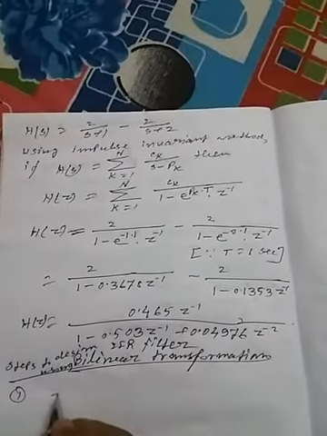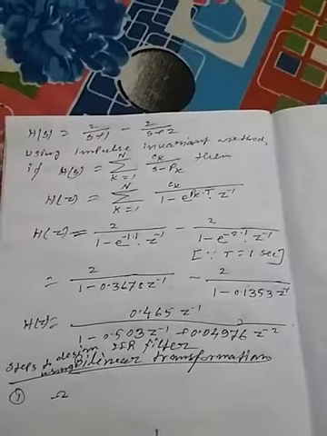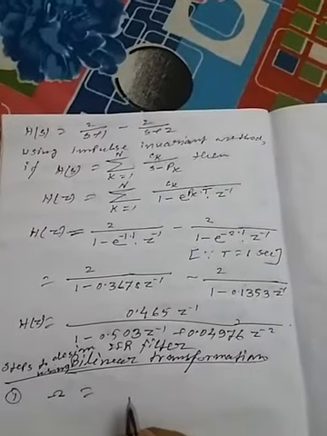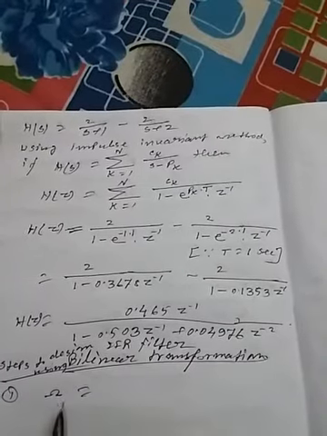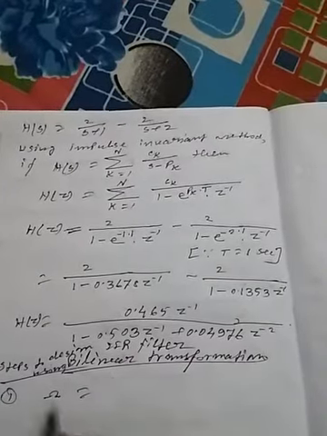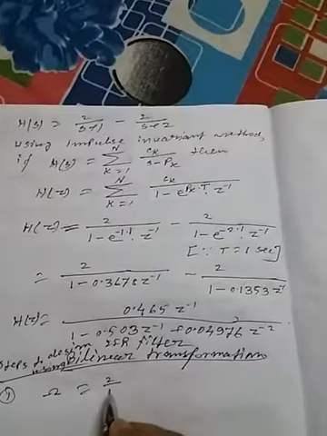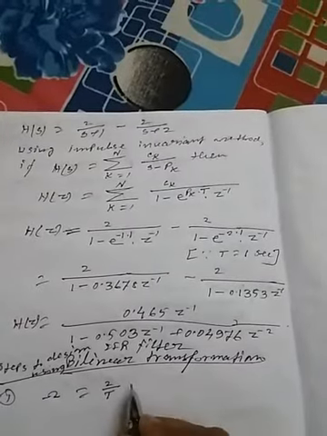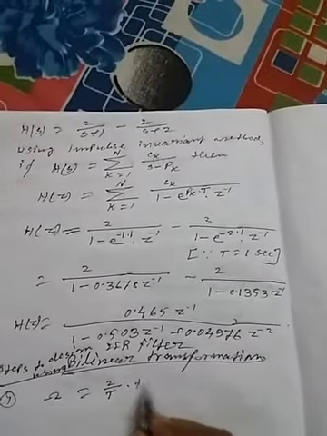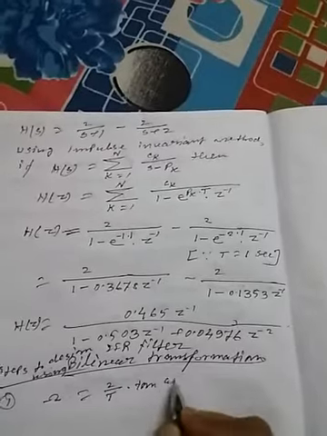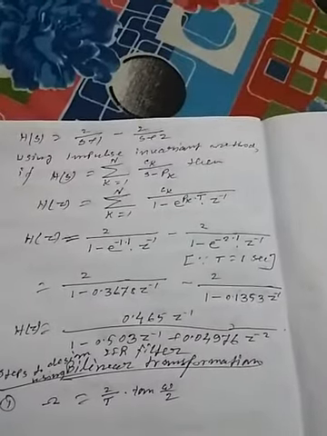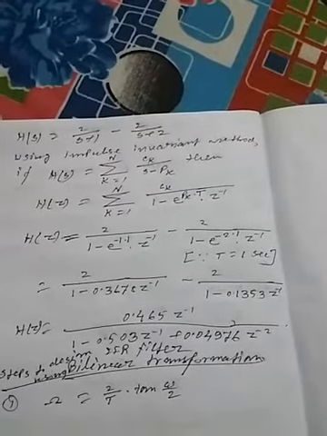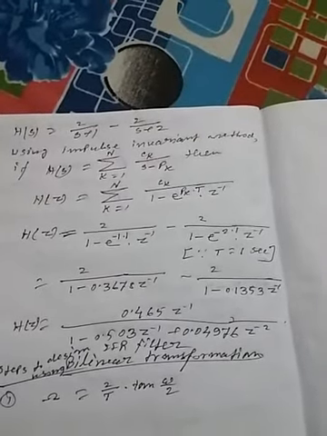So you have to pre-warp the frequency from small omega to capital omega. Capital omega is the frequency in the continuous time domain. So that will be 2 by capital T into tan small omega by 2, where small omega is the frequency in the discrete time domain.